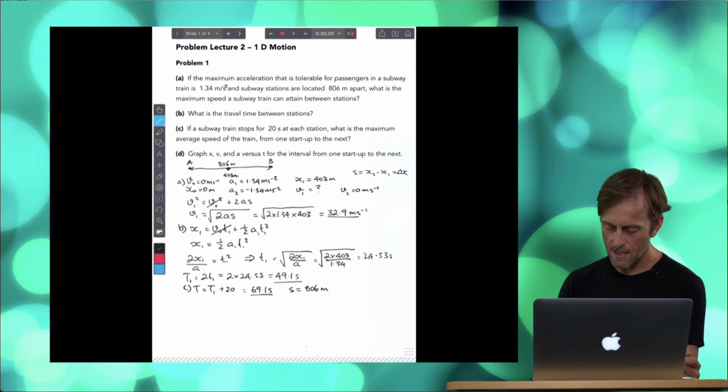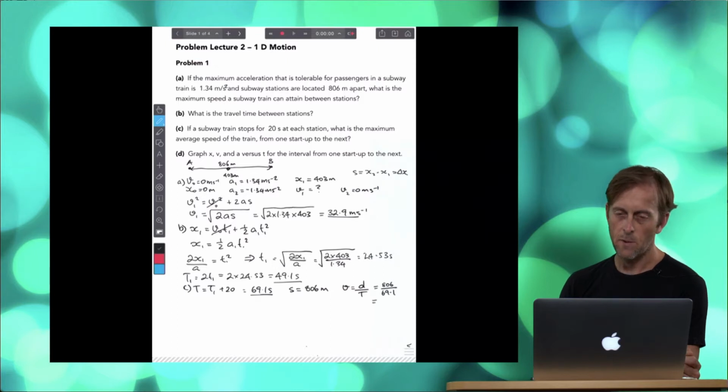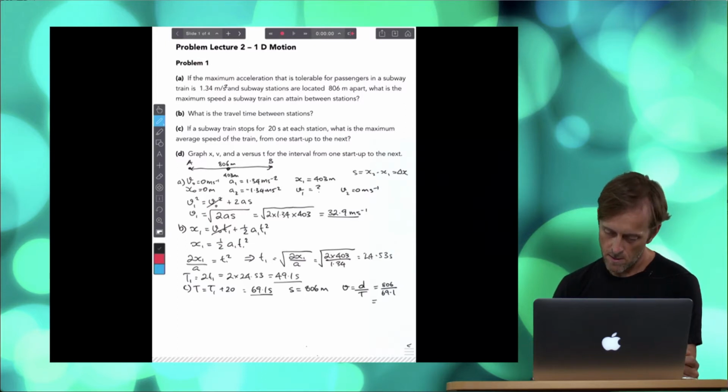So we can just say that velocity, average velocity, is the distance or the displacement over the time. So that's 806 divided by the time, which is 69.1. And we get a value for that of 11.7 meters per second.